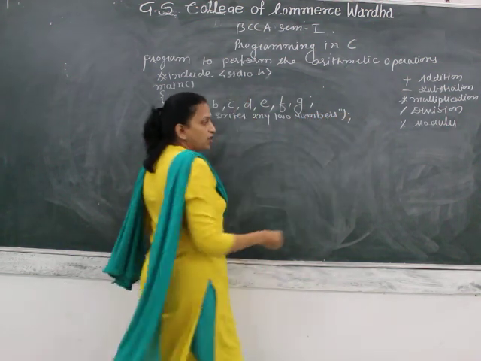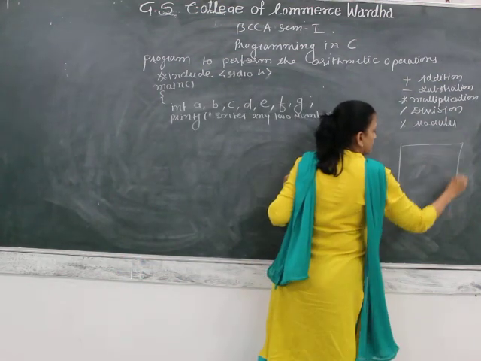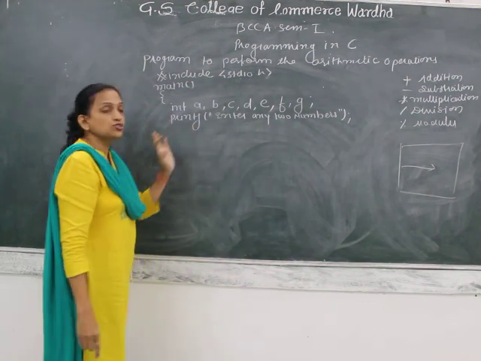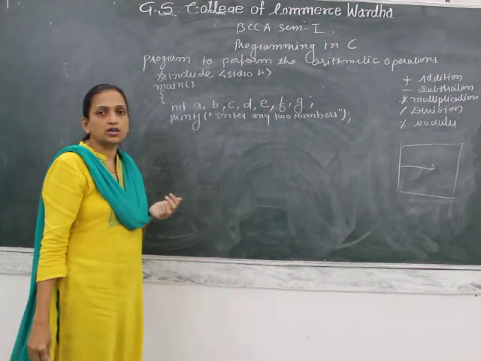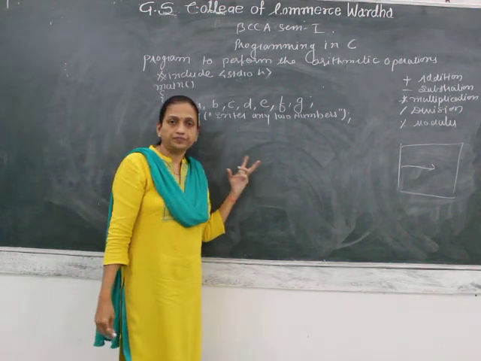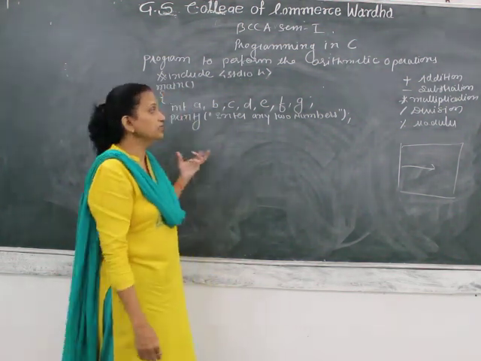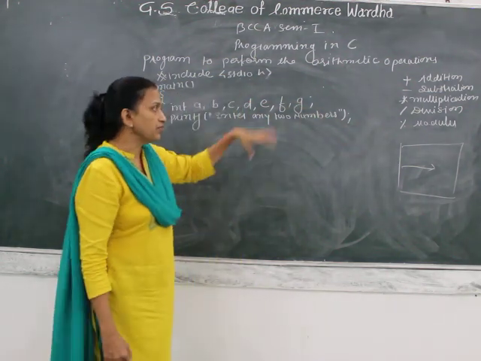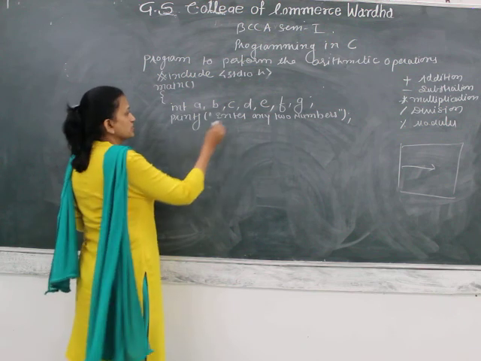In your output screen, when you run the program, this message will appear as it is. The user will come to know that 2 values have to be input to perform this kind of operations.